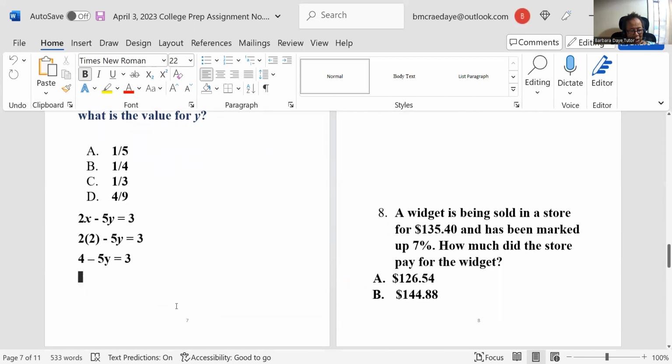You solve it for y. What would you do? Do you subtract 3 from both sides? No, you've got your minus 5y on the left. You need to get your 4 over to the side with the 3. So what would you do, Audrey? You add?